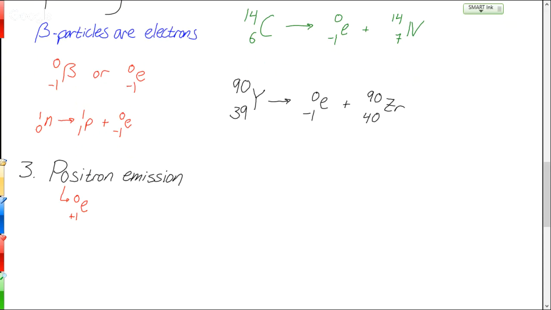In this case, it's similar to the beta emission, but instead of a neutron decaying, a proton decays into a neutron and a positron.